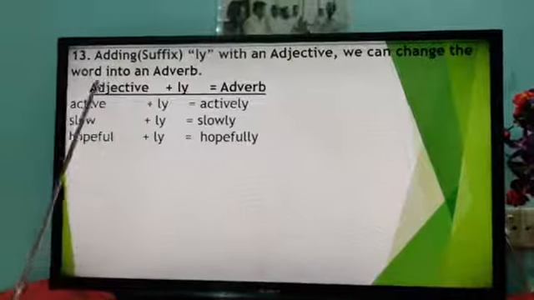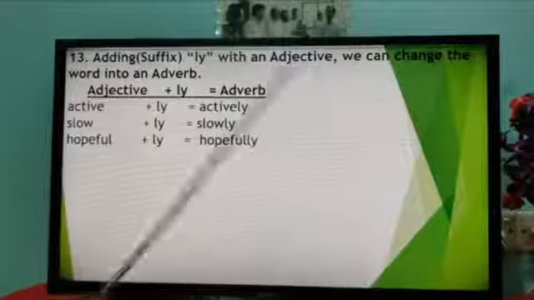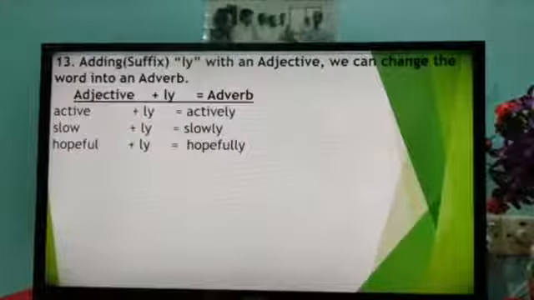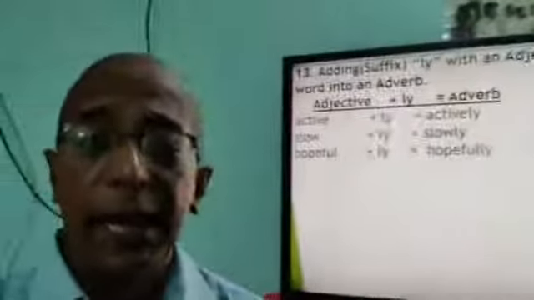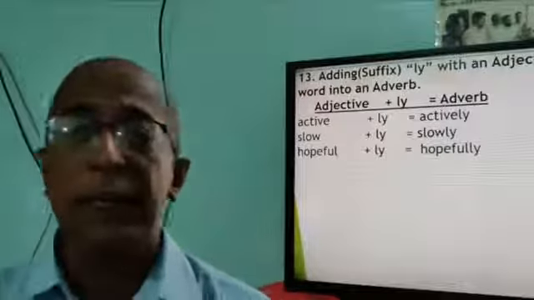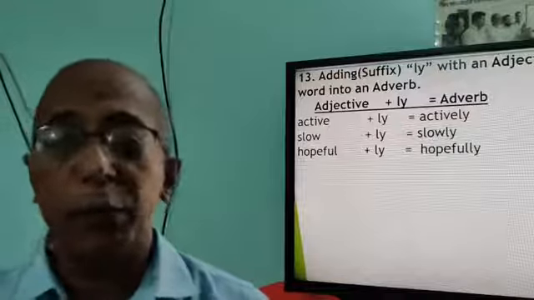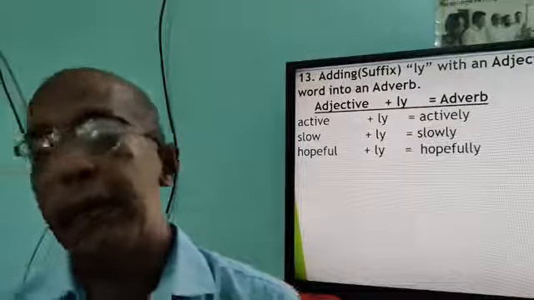Thirteen. Adding suffix ly with an adjective, we can change the word into an adverb. If we add ly with an adjective, we can make it an adverb. And if we add ly with a noun, we can make it an adjective.